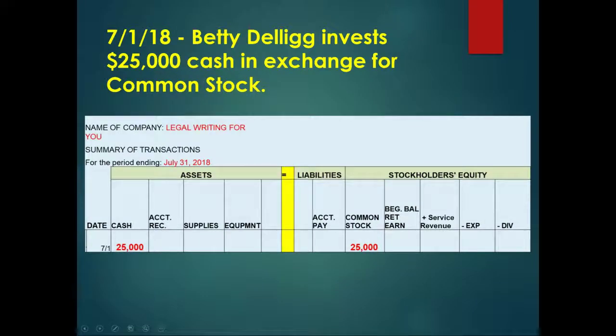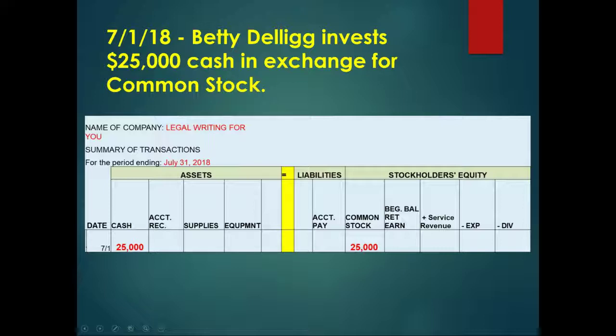So this is your first transaction for Betty DeLig's company, Legal Writing for You. And you can see that the left side of the equation, where the assets are, is $25,000. And the right side of the equation, where the liabilities and stockholders' equity are, is also $25,000. So we are in balance.